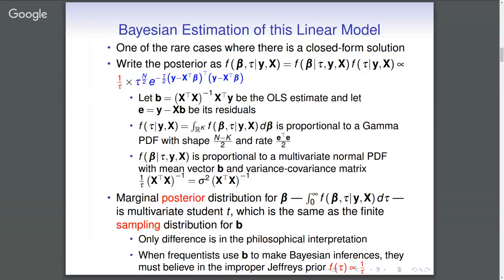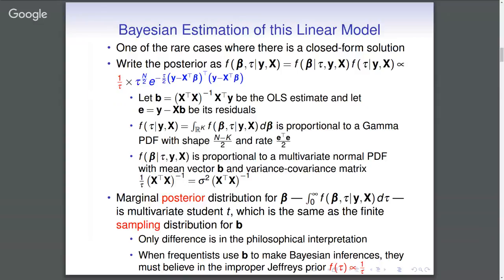What I'm not going to prove, but is true, is that if we want the posterior distribution of tau given y and x, we can take this expression here and integrate beta out of it, leaving a function of tau alone. That function is going to be proportional to a gamma PDF that has shape n minus k over 2 and rate sum of squared residuals over 2. So that gives us the marginal posterior PDF for tau.